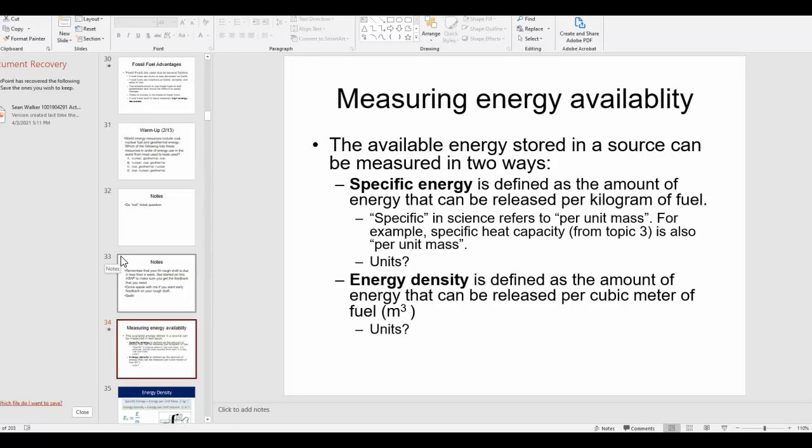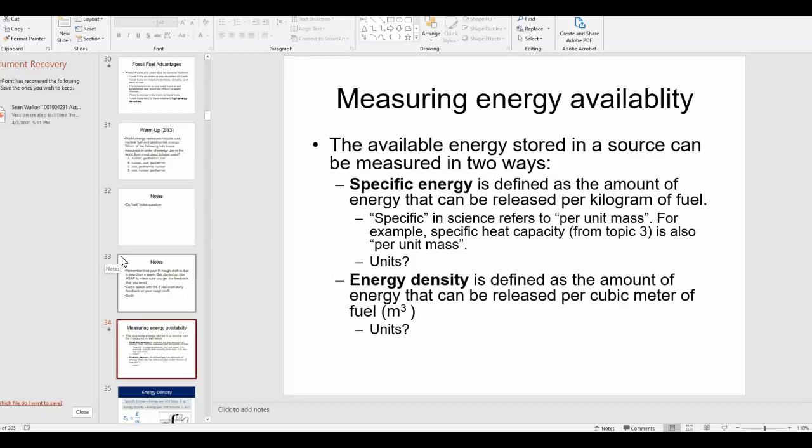So for energy density, think back to middle school: density is mass over volume. When you talk about density in science, you talk about something over volume, just like when you say something is specific, you mean per unit mass. So energy density would be joules per cubic meter or megajoules per cubic meter. When we say fossil fuels have a high energy density, they also have a high specific energy.